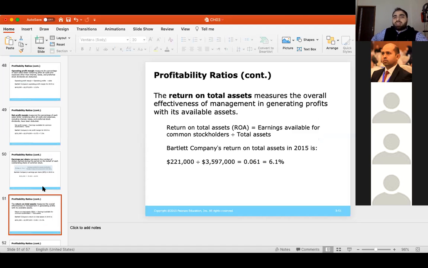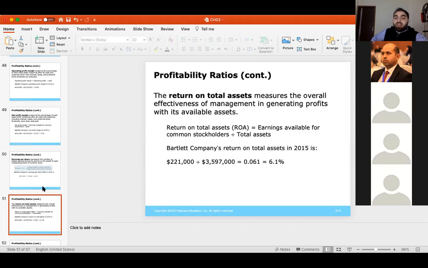Return on total assets, which is ROA, is one of the most important financial ratios that measure the accounting performance of a company. For return on assets, we divide the earning available for common stockholders over the total assets.